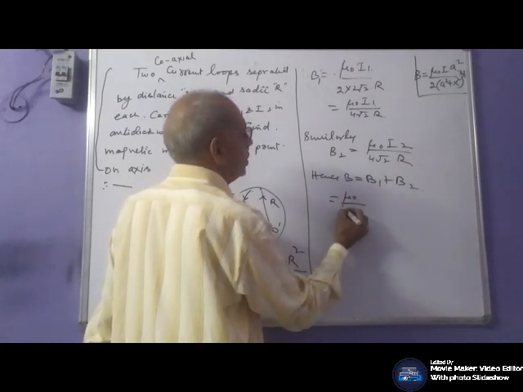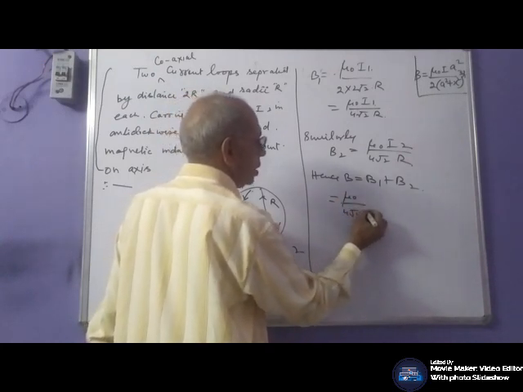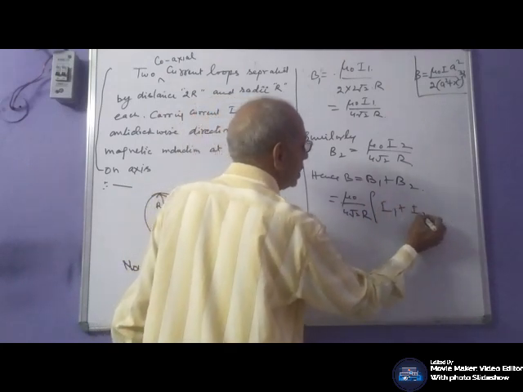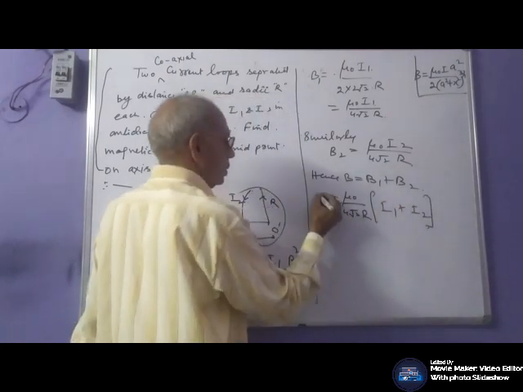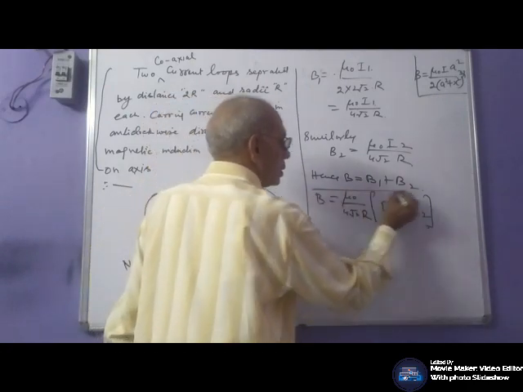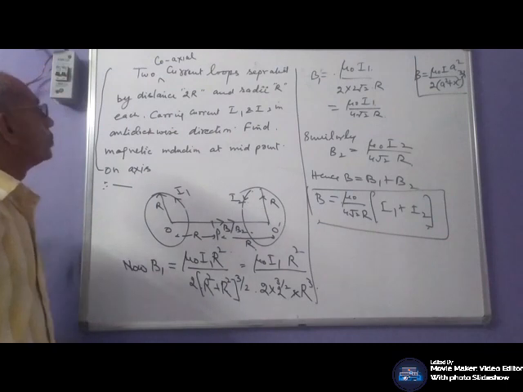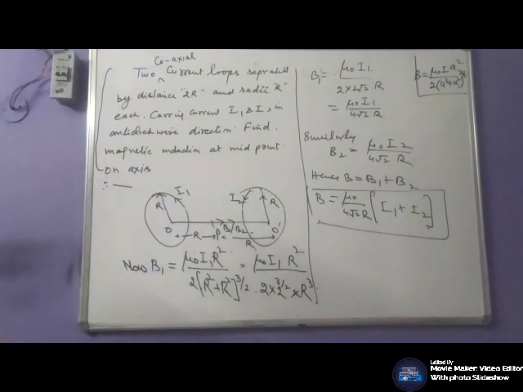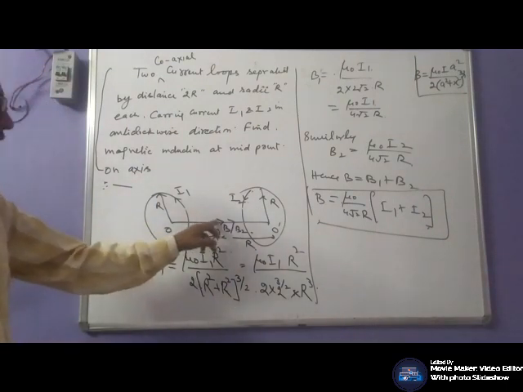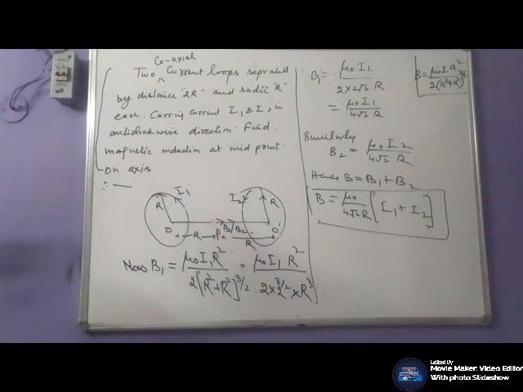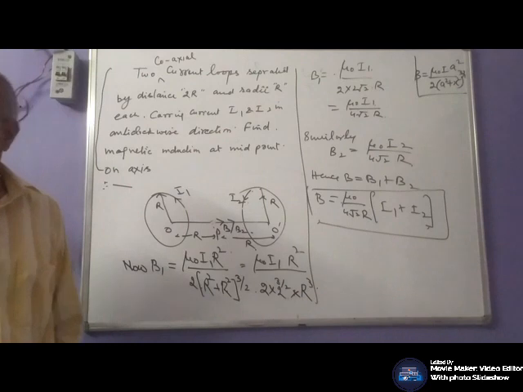Mu naught by 4 root 2 R common, it is I1 plus I2. So this is the magnetic induction at the center of the axis of two coaxial current loops.